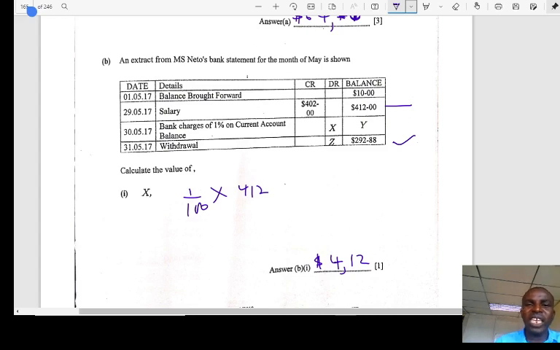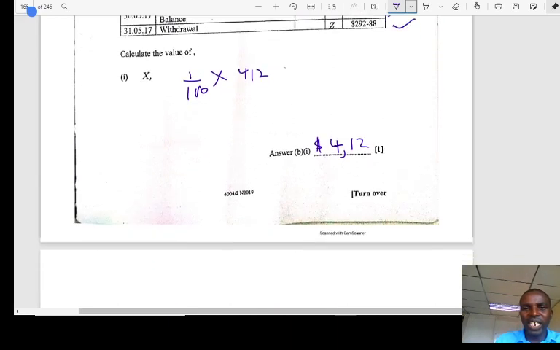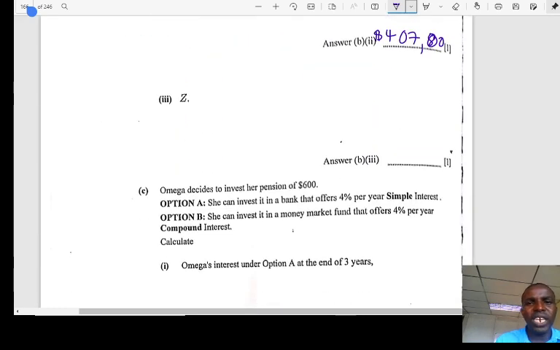In this case, to get z, you just say y minus 292.88, which means 407.88 minus 292.88 is 114 to 3 significant figures. So it's $114. Then done.